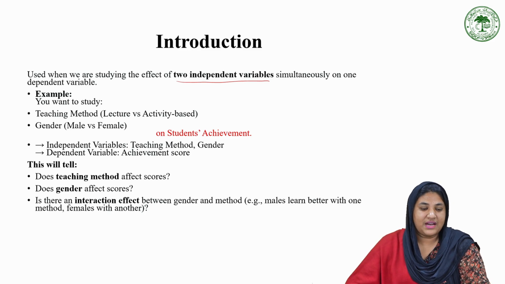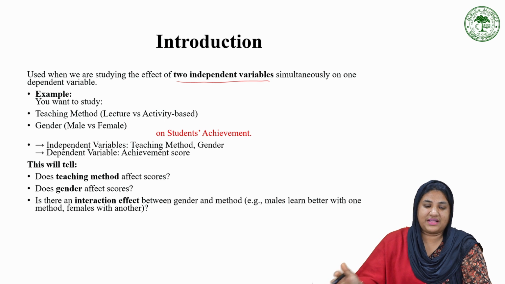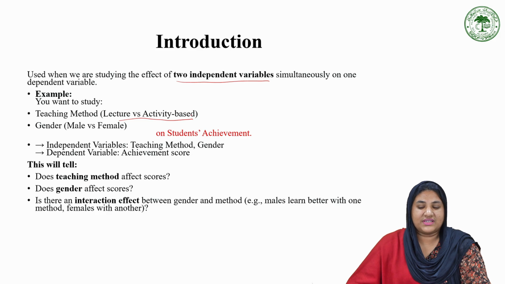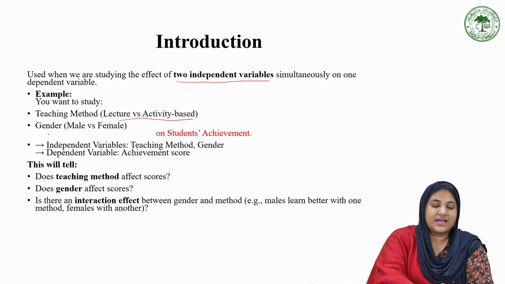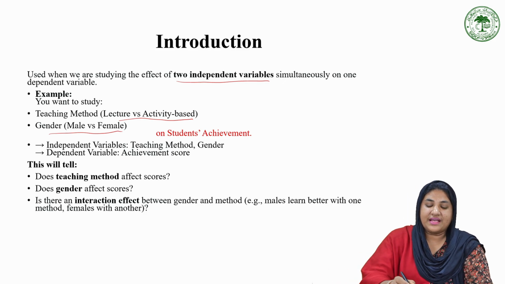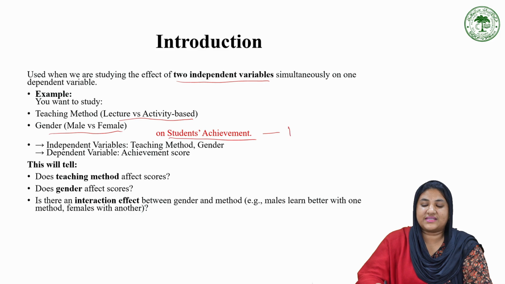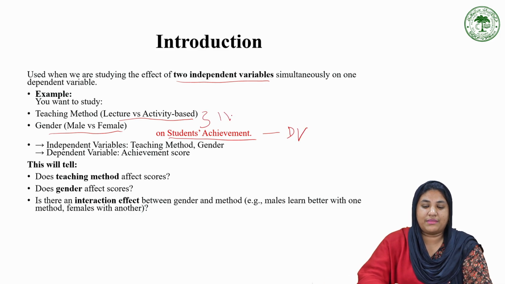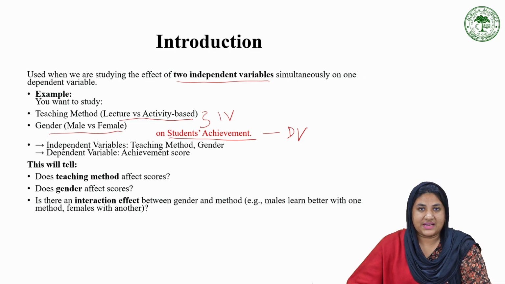For example, if you want to study the teaching method, that is lecture versus the activity method, which is considered as one independent variable, and also gender, which is another independent variable, on the achievement of the student, that is the dependent variable. So here there are two independent variables and one dependent variable.